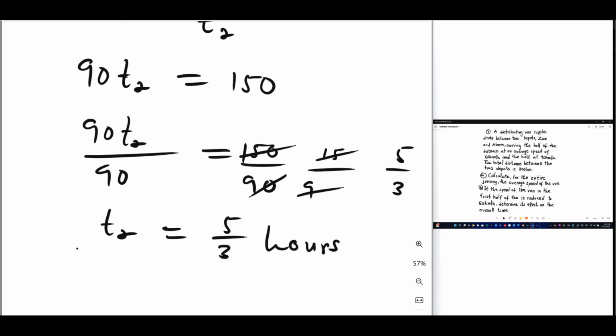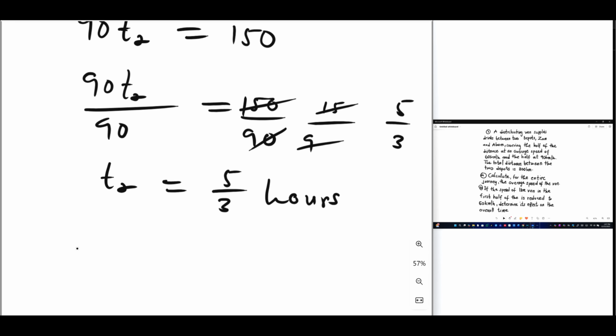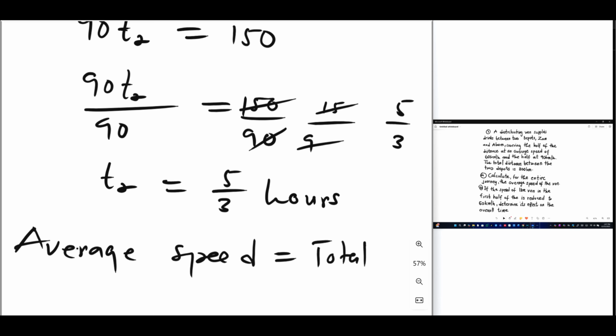Now, we are to calculate for the entire journey the average speed of the van. So we have to calculate average speed. Average speed will be equal to total distance over total time taken.